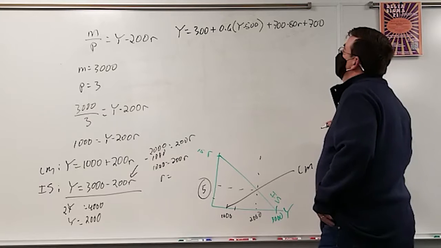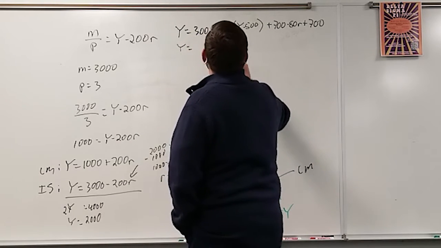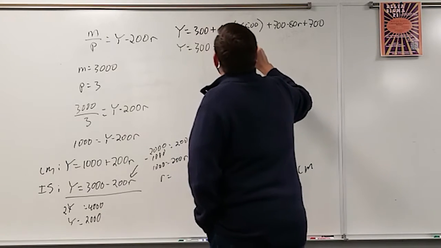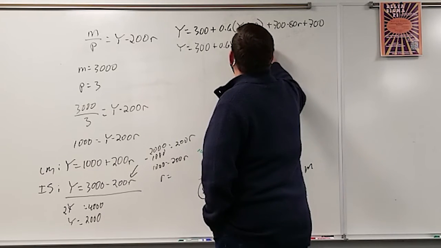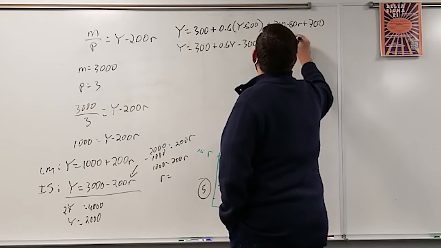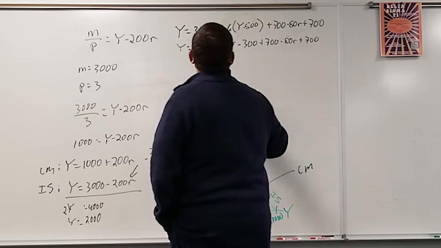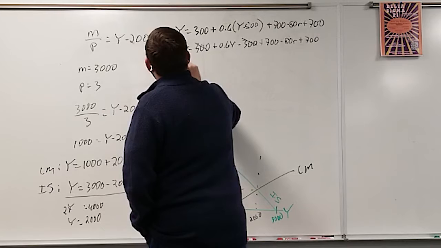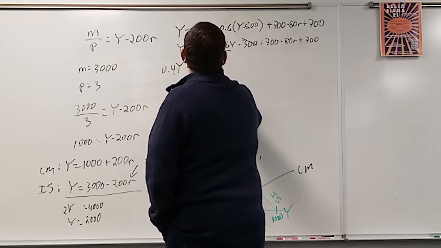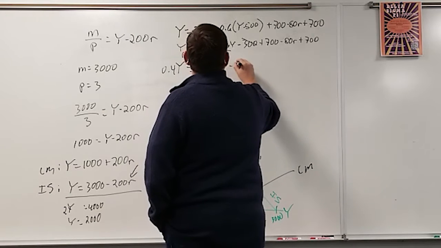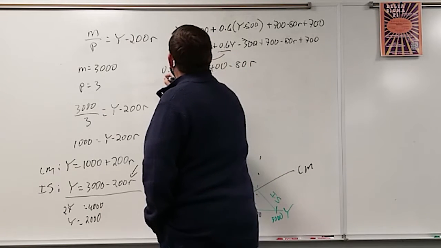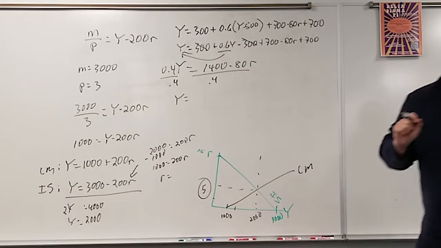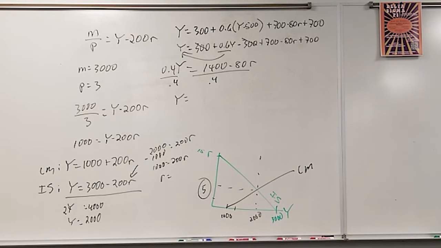So y is equal to 300 plus 0.6 y minus 300, plus 700 minus 80r plus 700. So these two again cancel. Let's just go ahead and say 0.4 y equals 1,400 minus 80r, and then dividing through by 0.4 gets us y is equal to 3,500 minus 200r.